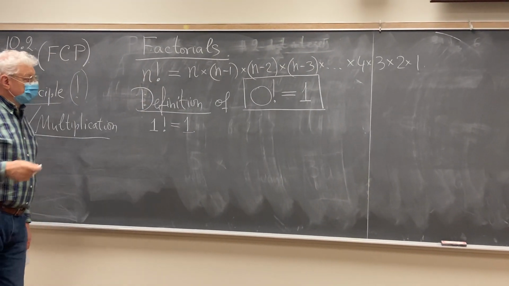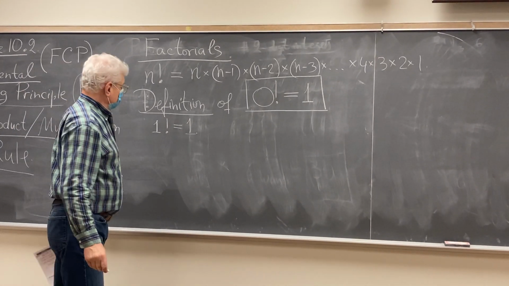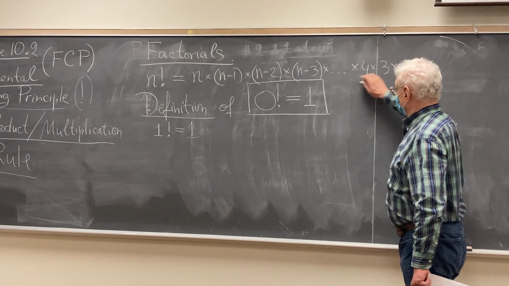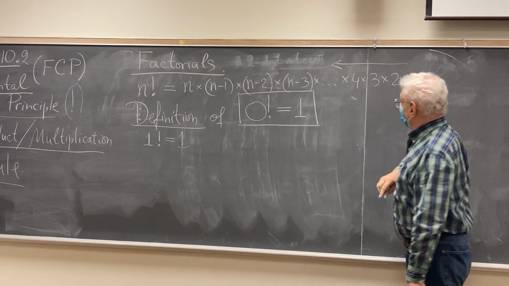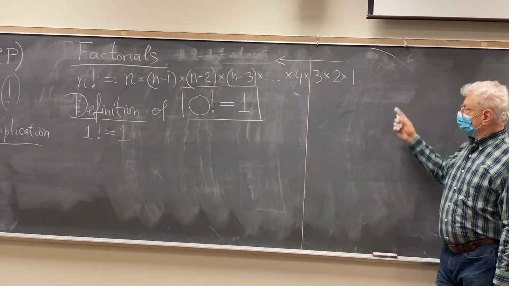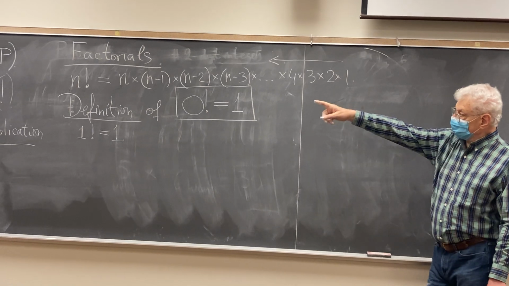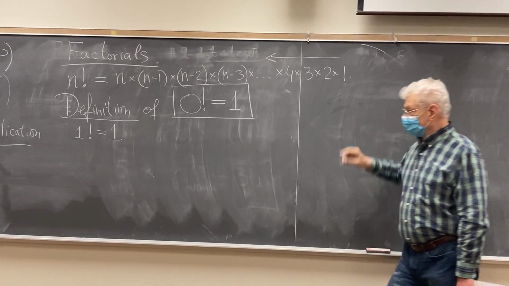Actually, I would say maybe it's better to go backwards and write 1 times 2 times 3 up to n. So go this way, in which case you will know where you have to stop. If you start with 1, n is already 1, so you do not need to go to the second step. It will be just 1.